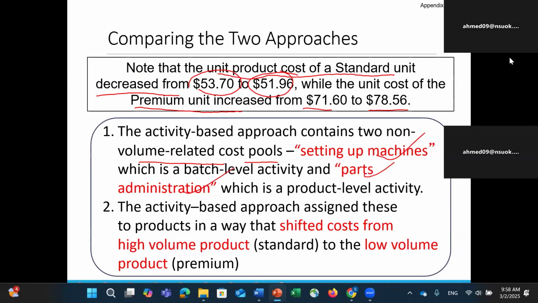That's one of the things that brings the differences. The activity-based method assigned these products in a way that shifted costs from high volume product to low volume product. So that's how you can actually calculate and compare the two methods.